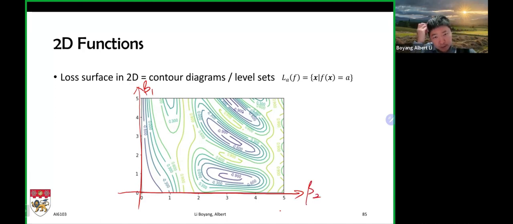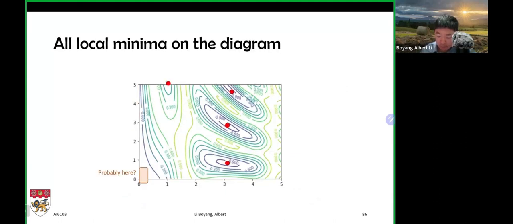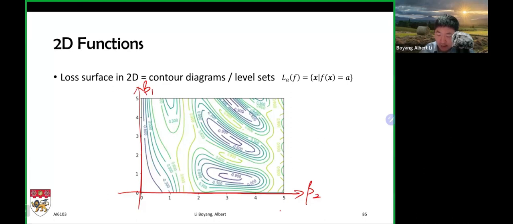Okay, and on this 2D surface, I want to be able to show how big the function value is. I'm using those diagrams that are called contour diagrams. So on this diagram, each line indicates the same function value, right?